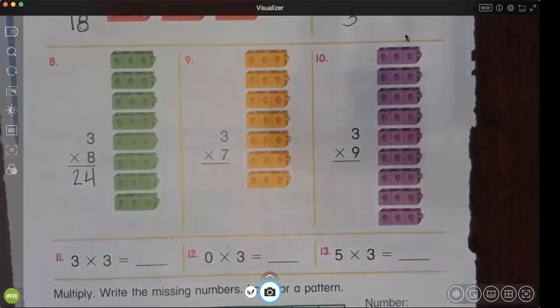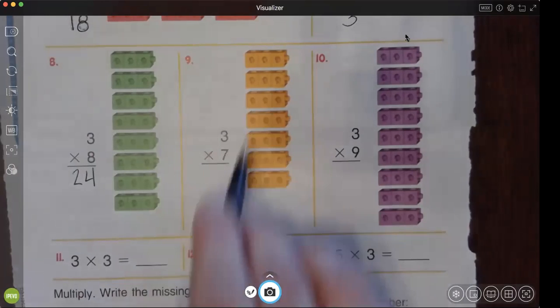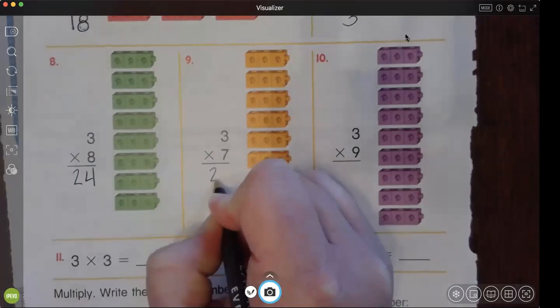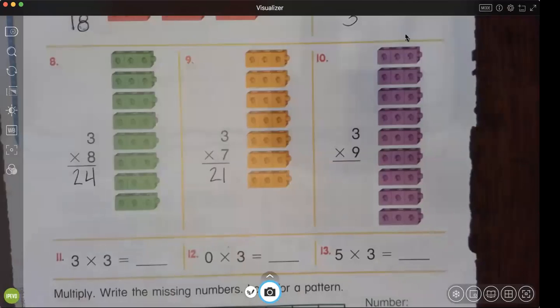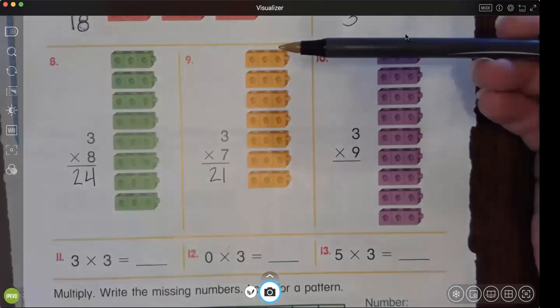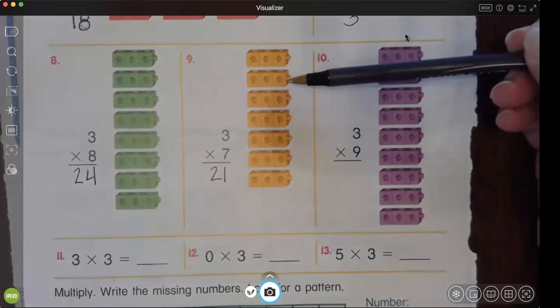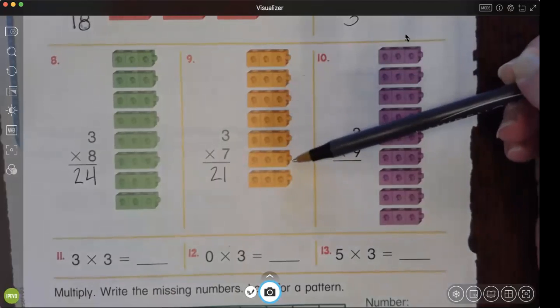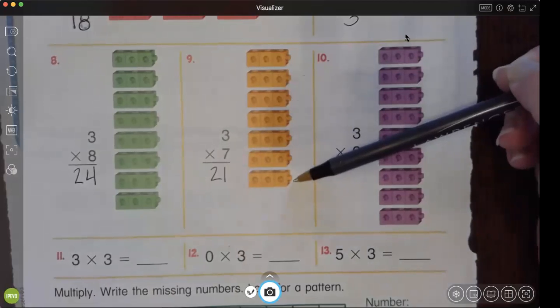Okay. Now we have 3 times 7. Now, if you look, instead of counting all these up, we just have to do 3 less than this one. So 24 minus 3 is 21. So 3 times 7 is 21. But for sake of counting, let's make sure we got it right. 3, 6, 9, 12, 15, 18, 21.